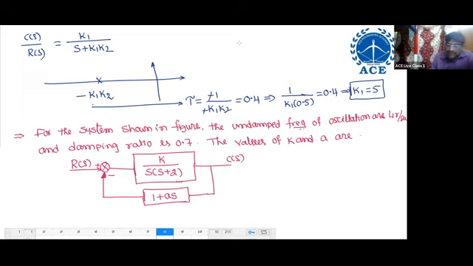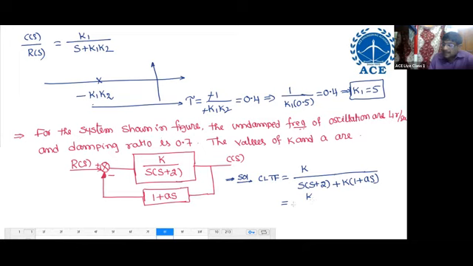Okay, listen. First find the closed loop transfer function. The closed loop transfer function is equal to K by S into S plus 2, with the opposite sign of the feedback, plus the numerator K into 1 plus AS.